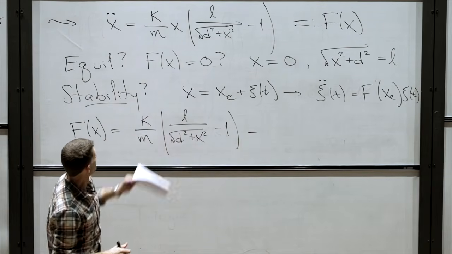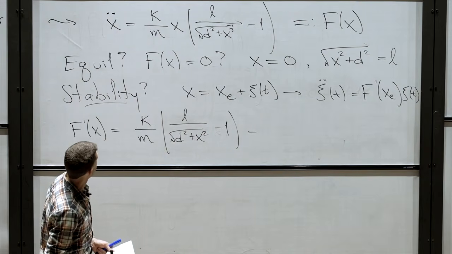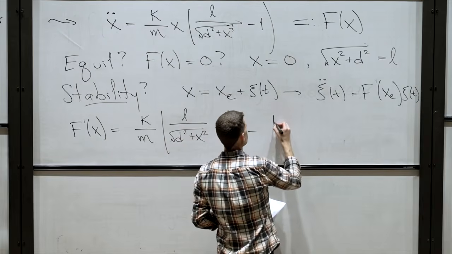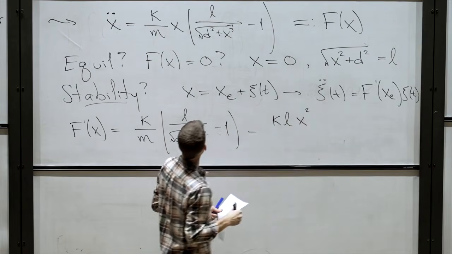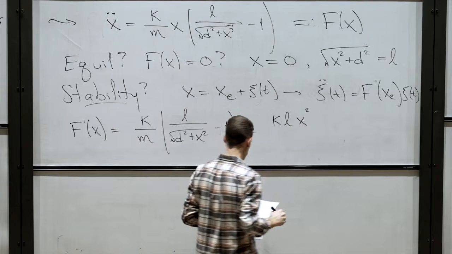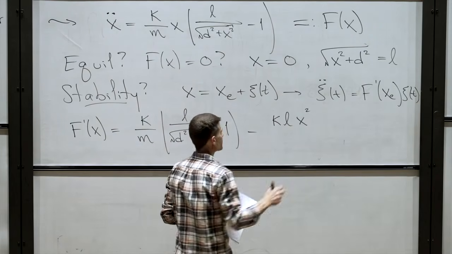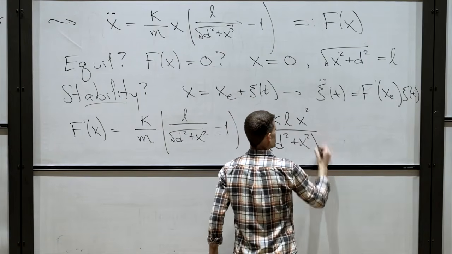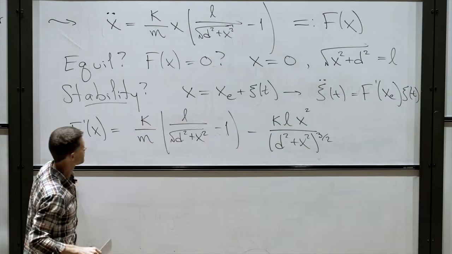And then if I take the derivative of the second term, I've got an d squared plus x squared to the minus 1/2. So that becomes a minus k L x squared. So I pick up an extra factor of x, and that becomes over d squared plus x squared to the 3/2.